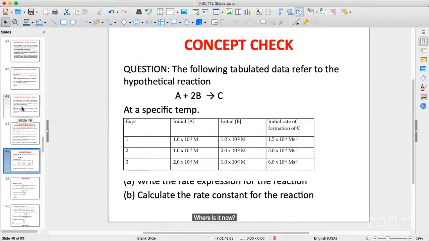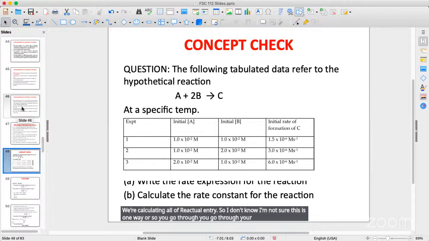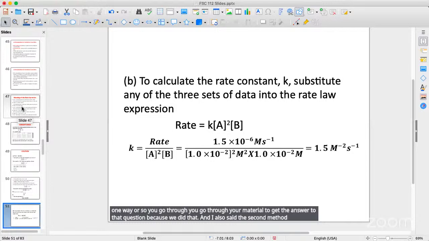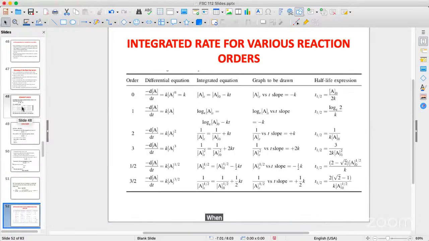Okay, so what were we doing here? We're calculating order of reaction, weren't we? This is one way also you go through your material to get the answer to that question, because we did that. And I also said the second method is actually sometimes when you are to just show using this formula. There are other formulas, but we don't want to overload you with all the formulas.